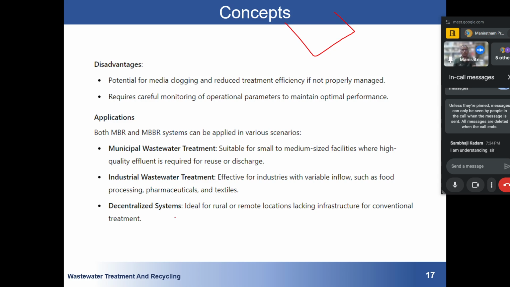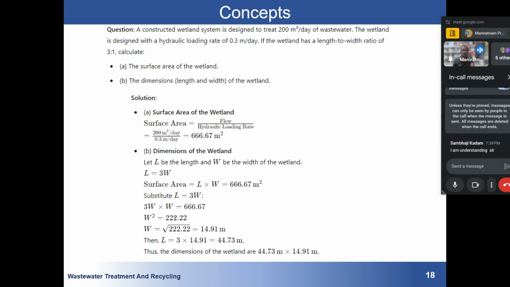Okay, so these were some details regarding different kinds of operational treatment methods apart from conventional methods. Generally there are very few questions that you will see on wetlands, but I was able to get some questions.